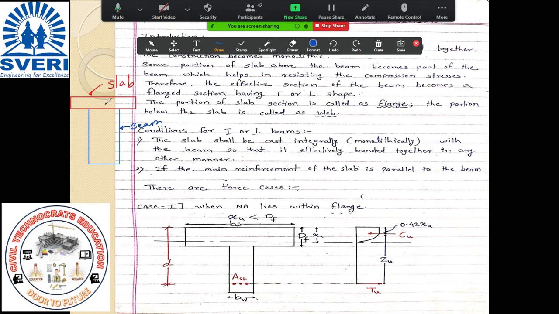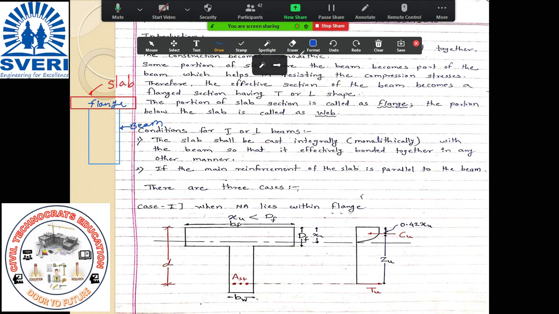So with these two, slab and beam, T action is generated, because this slab is now acting as a flange, and the rectangular section will act as a web.